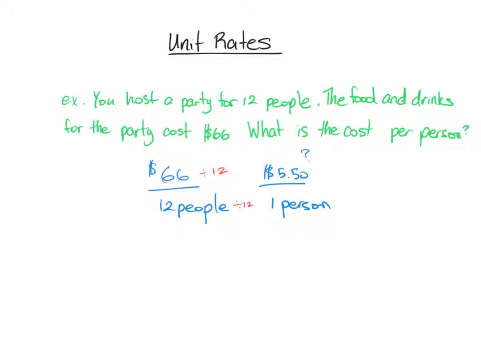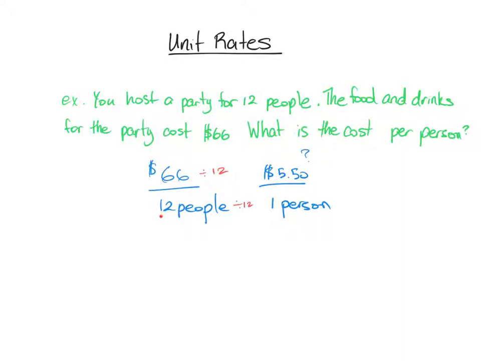So when you're trying to find a unit rate, it's completely okay to get a decimal or a fraction. And we will get a decimal or a fraction sometimes because we are dividing by something that's not necessarily a common factor. So always in these questions, when you're asked to find the unit rate, always divide by the number in the denominator.